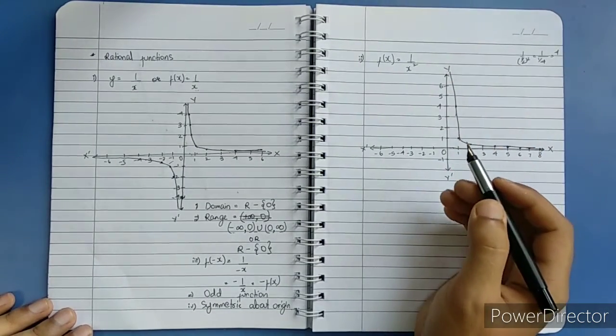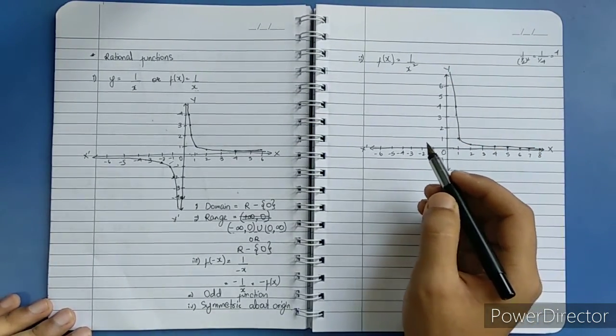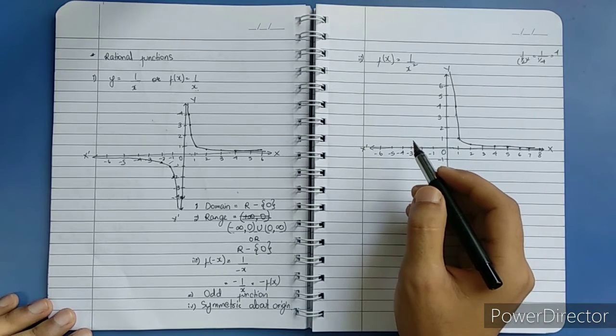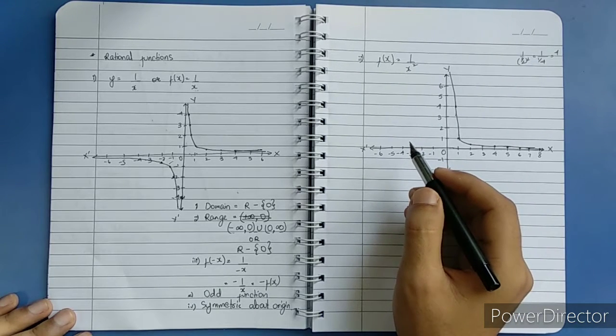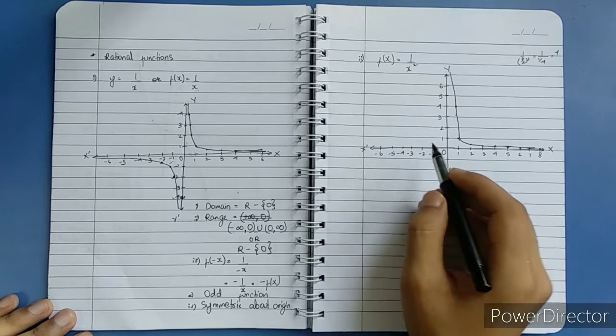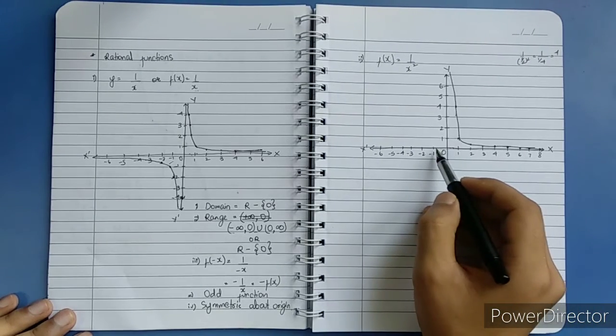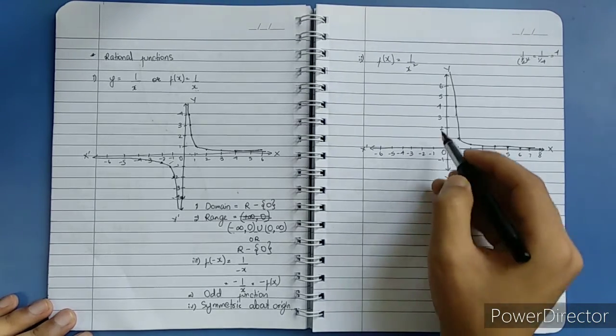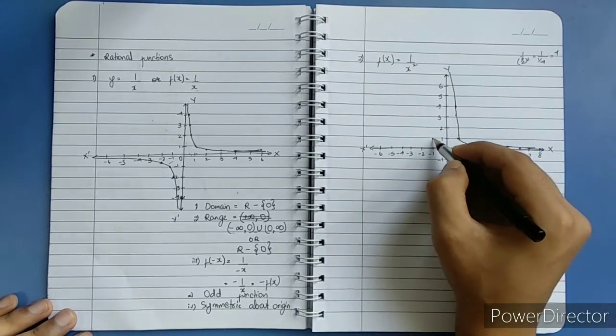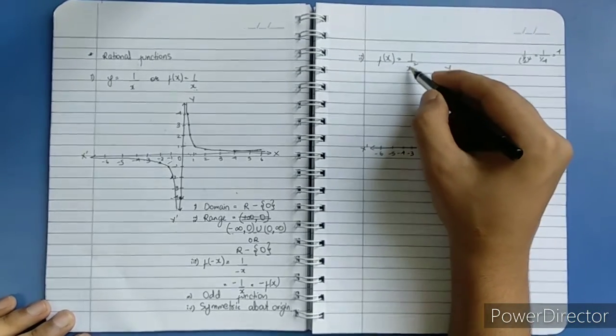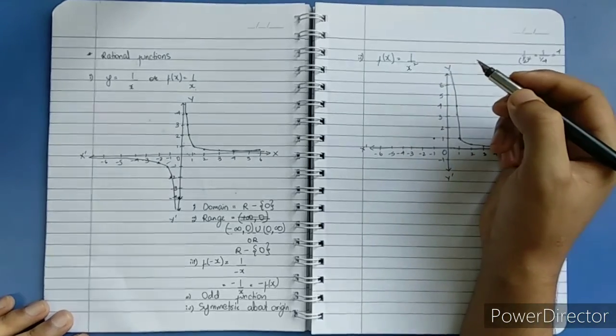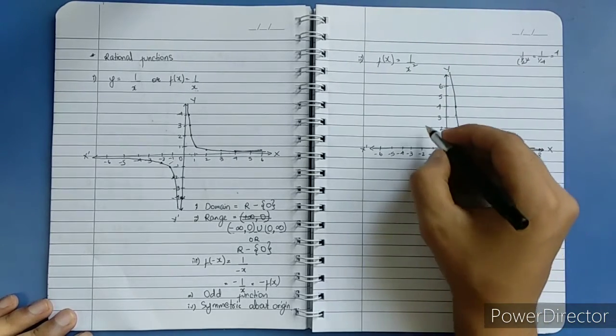And on the negative side, if you put -1, then -1 square is 1. For -2, 1 by -2 square is 1 by 4, because a negative square is positive.